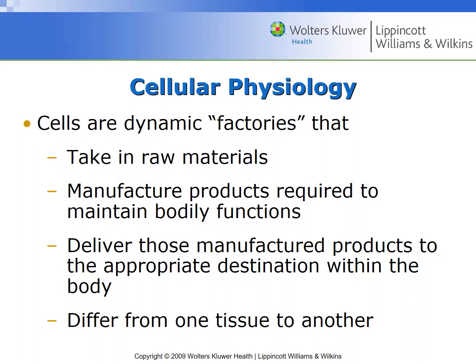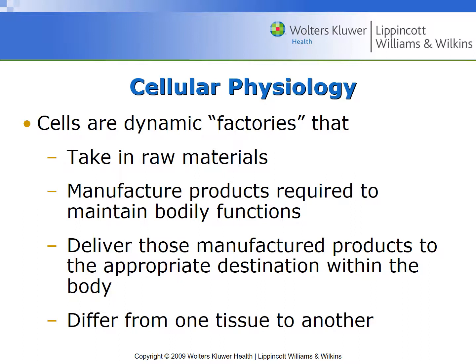Okay, so we've got to talk about the cells, because that's how the drugs get there, and the cells at the target area. So all of this is very important. Just a little bit of review for the cellular physiology. We know that cells are dynamic factories.